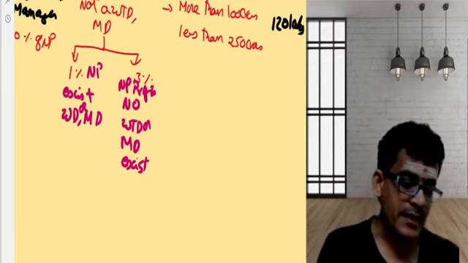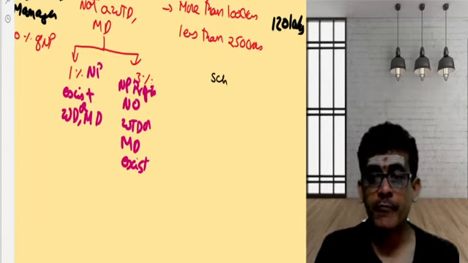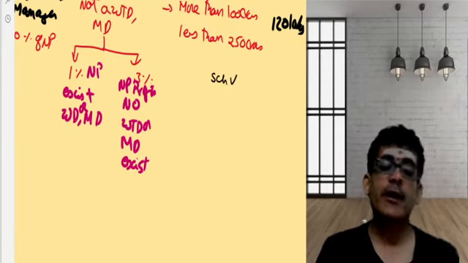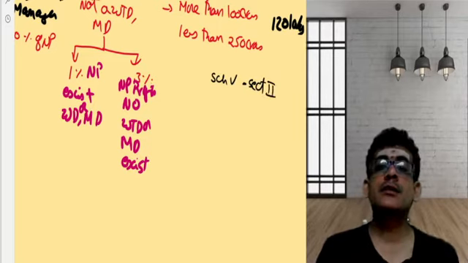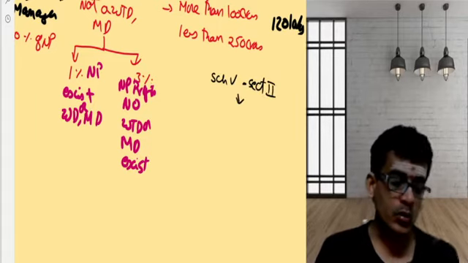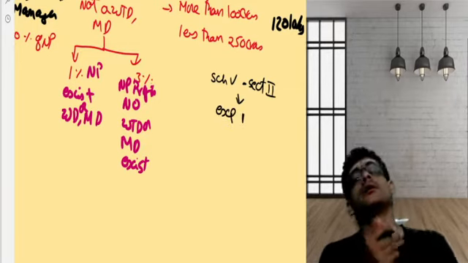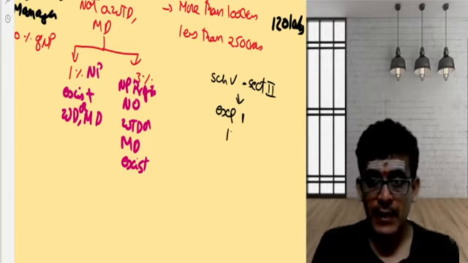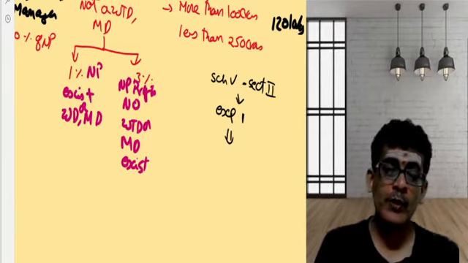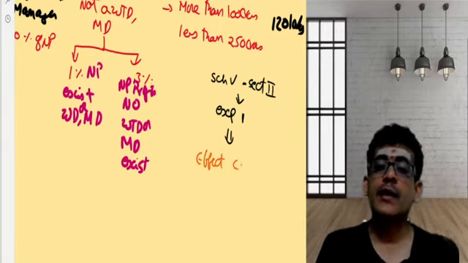For this effective capital, we are referring to Schedule 5, Section 2, Explanation 1, which explains how we calculate effective capital.